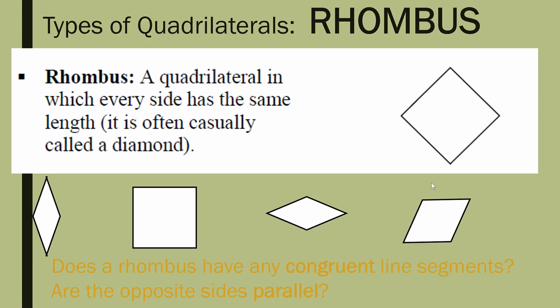A rhombus, and oftentimes you'll find squares being classified as rhombuses, or rhombi. They're going to fall in that category. A rhombus is a quadrilateral where all the sides are equal, so like a square, but sometimes they're not perfectly parallel to each other, or they're not perfectly perpendicular.